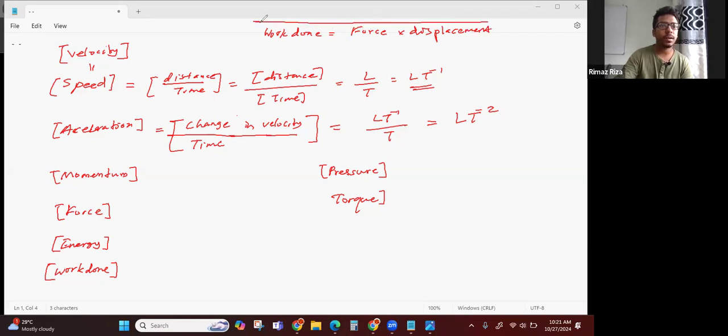This is actually a vector dot product. We will study about that. There are two types of vector multiplication: vector cross product and dot product. In dot product, we multiply two vectors and then we get a scalar. So here it is force into displacement, not the distance.